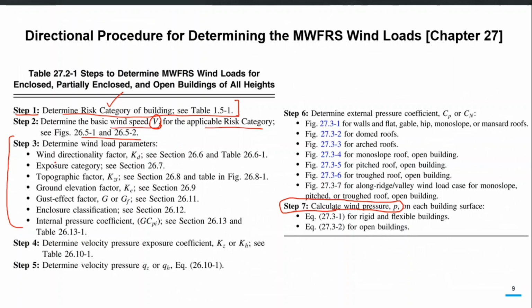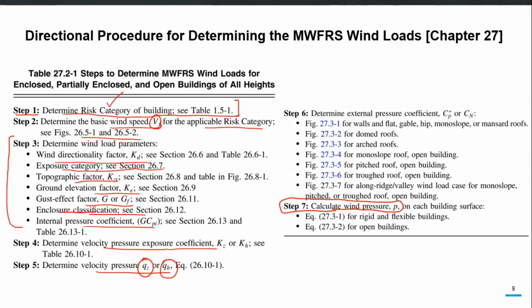So we start with the wind directionality factor KD, then we classify the building based on its exposure category, then the topographic factor KZT, ground elevation factor KE, gust factor, enclosure classification, whether your building is enclosed, partially enclosed or open, and then finally the internal pressure coefficient GCPI. Then step 4 is the determination of the velocity pressure exposure coefficient. Finally, the velocity pressure determination: KZ or QZ or QH.